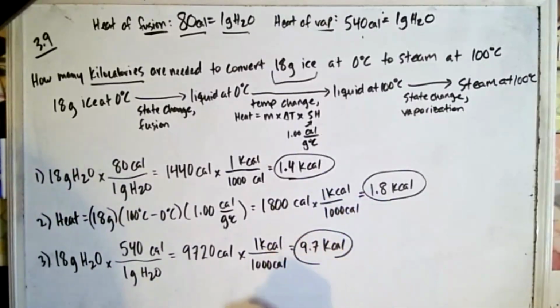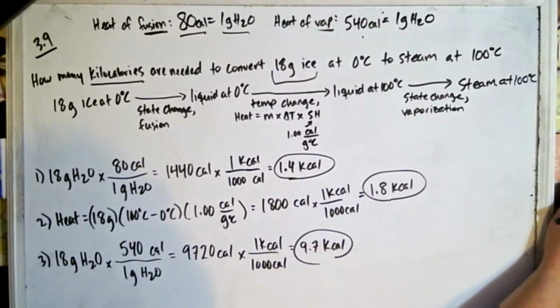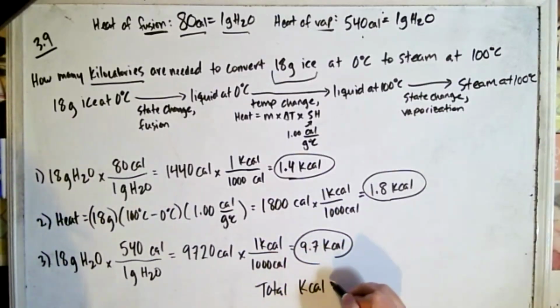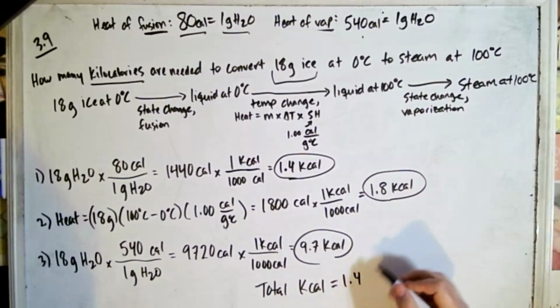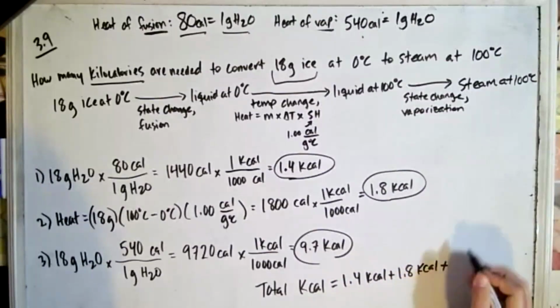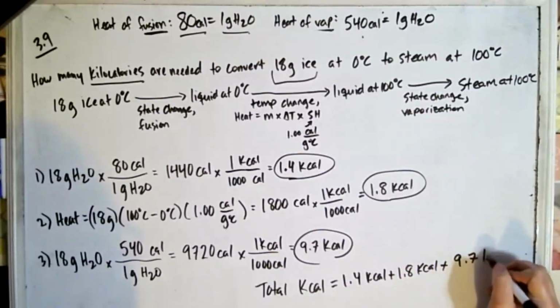And now to find our total heat, we're just going to add all of these steps together. Just verifying that, yeah, the question asks how many kilocalories are needed. Okay. So our total kilocalories are going to be 1.4 plus 1.8 plus 9.7.